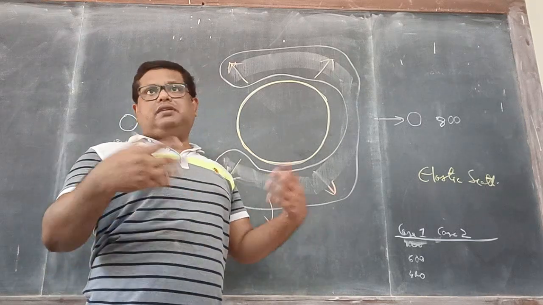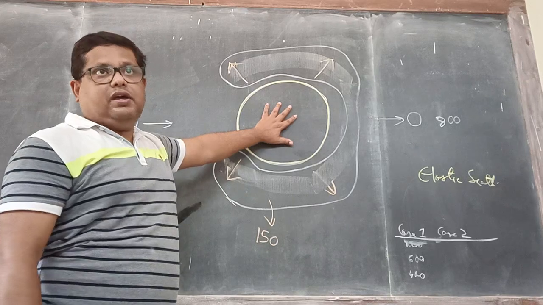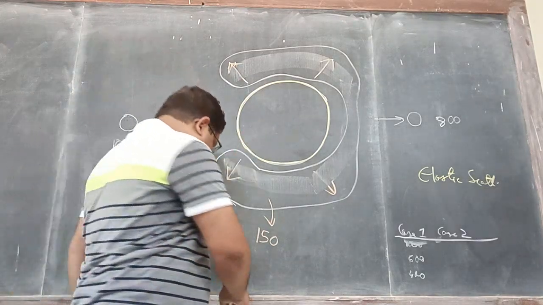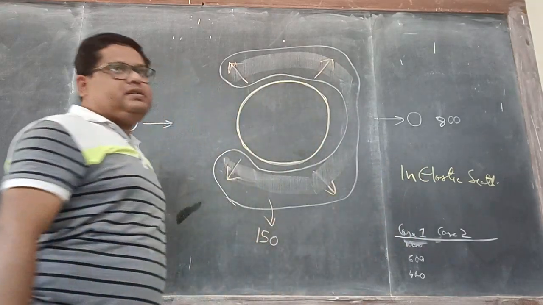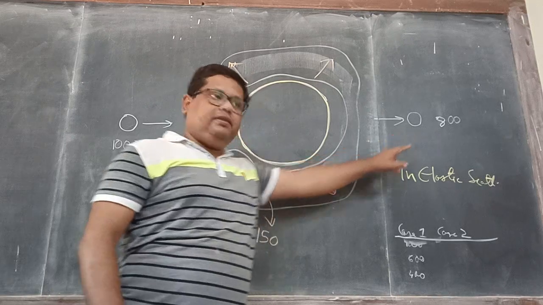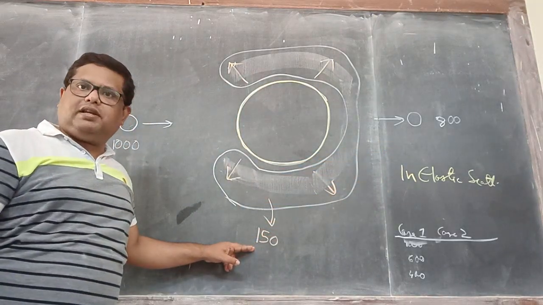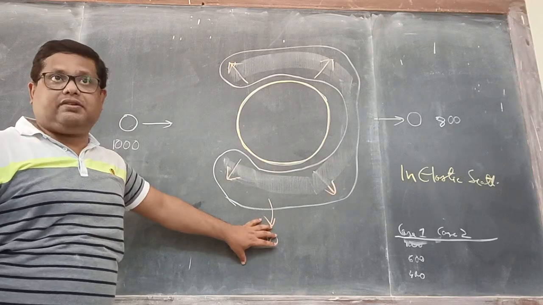Some emission will be there because this nucleus will go to an excited state. Now this is a typical example of inelastic scattering. So far as this 800 is concerned, and this 150, these are the contributions from elastic scattering.